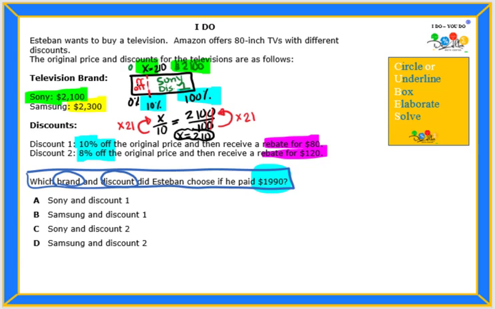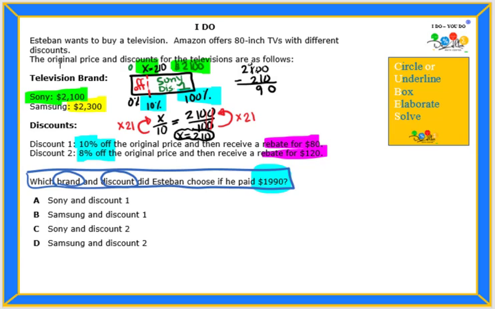We have $2,100, that's the original price, minus $210 for the 10% off.